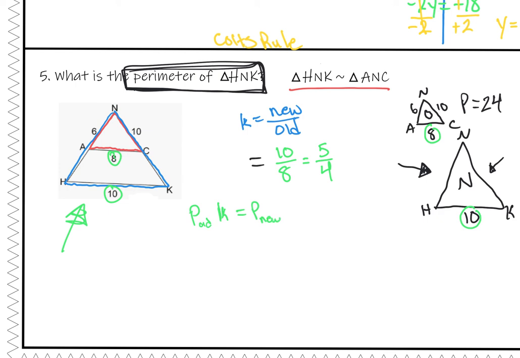So what's the perimeter of the old triangle? It was 24, times the scale factor K, which was 5 over 4, equals the perimeter of the new triangle. We just put this in the calculator: 24 times 5 over 4 gives you 30. And there is your final answer for the perimeter of triangle HNK.